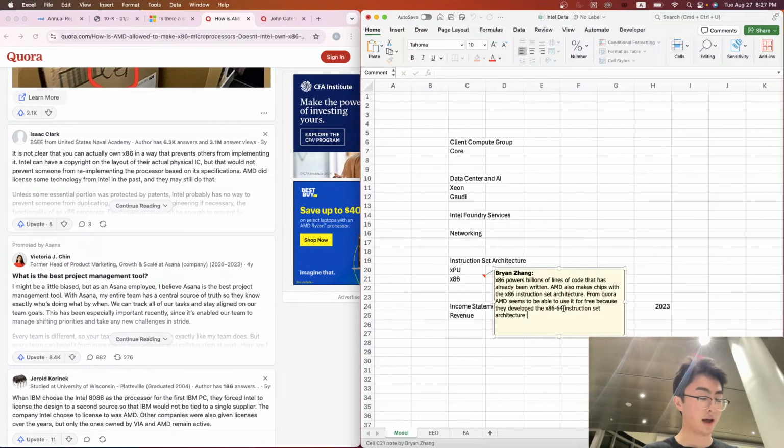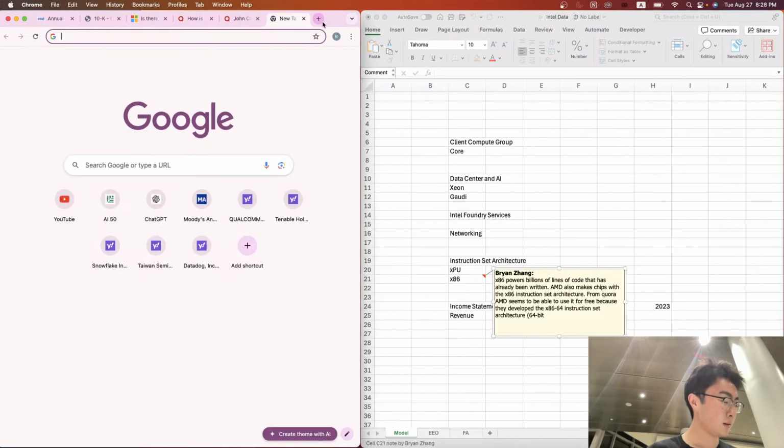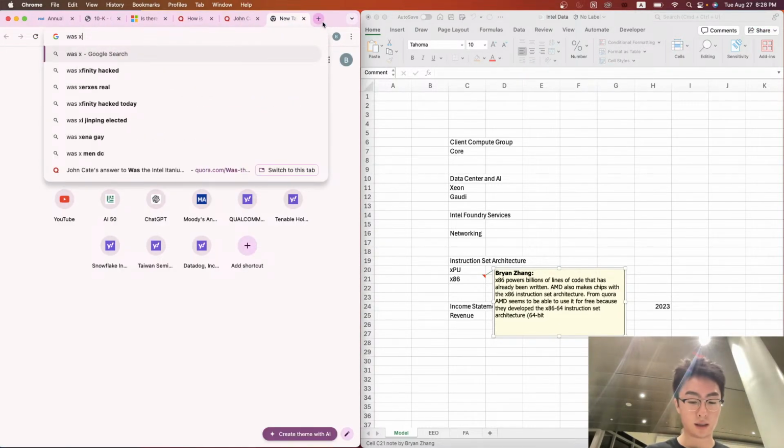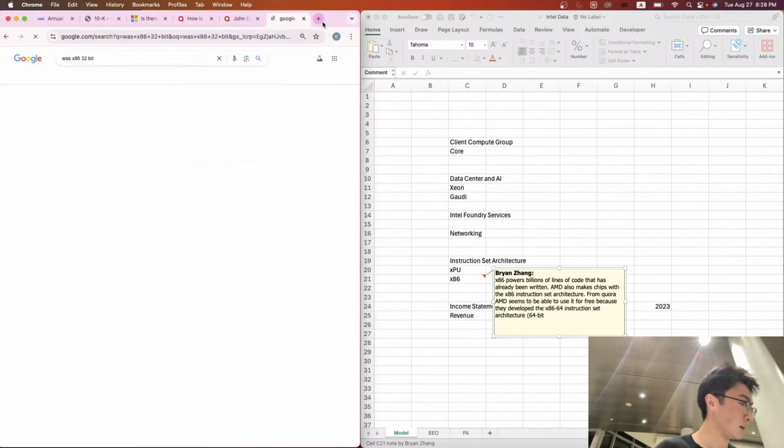So I guess this is adding more bits, so 64 bits instead of the original, I guess it was 32, could be wrong. x86 was 32-bit.